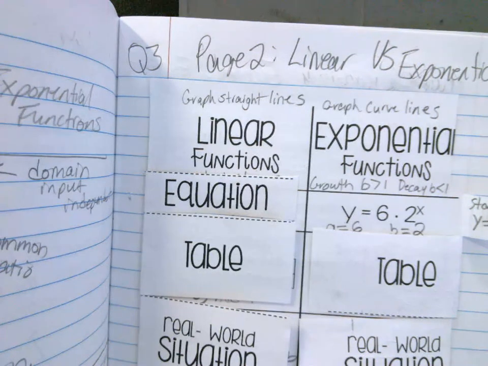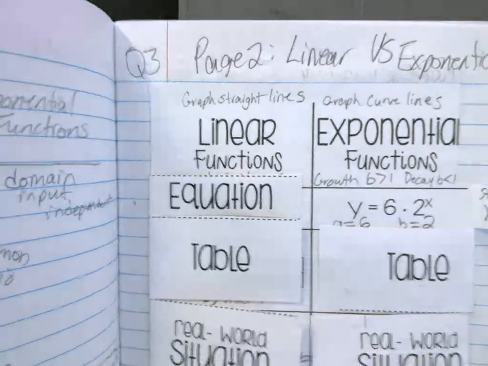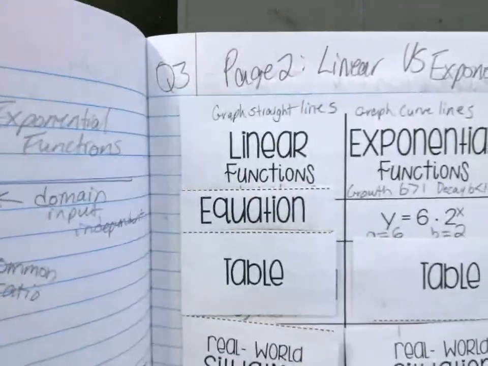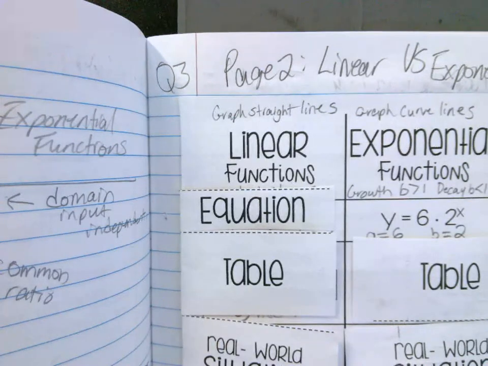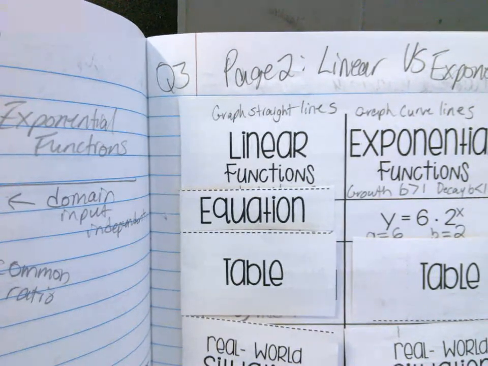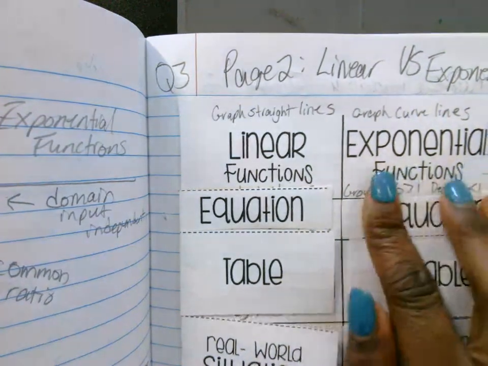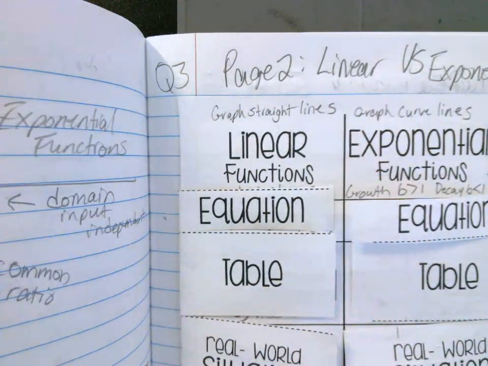Go ahead, what do you think? Nope, that is the slope intercept form. What kind of sequence is a linear function? Lyric? Arithmetic sequence. What kind of sequence is an exponential function in?